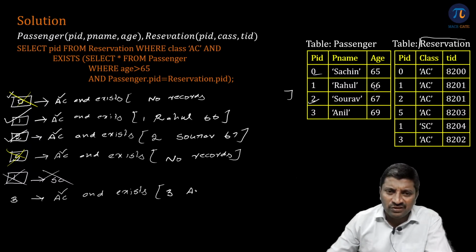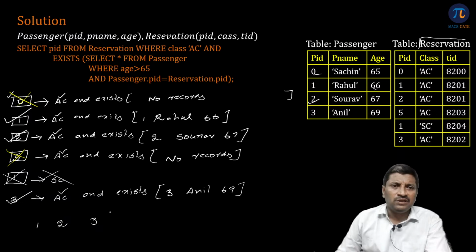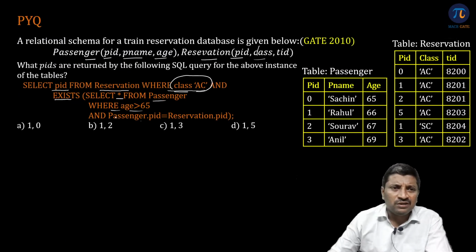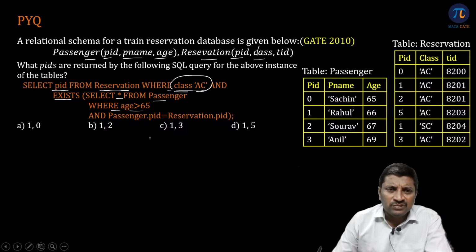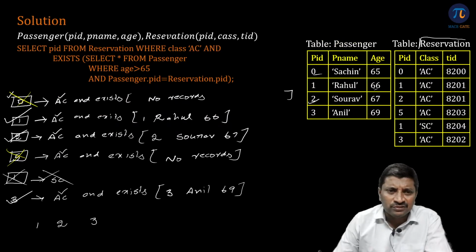So we get 3, Anil, 69. So it will be displayed. So what are the records displayed, sir? 1, 2, 3. What is the question they asked, sir? Which PID is returned by the following SQL query for the above instance? I think we got 3, right? Then why do we have this one? Check it.